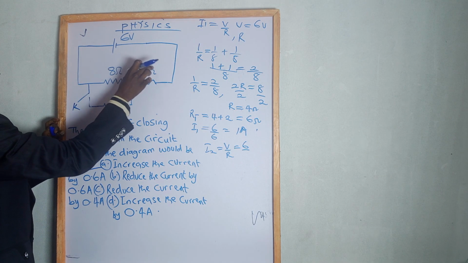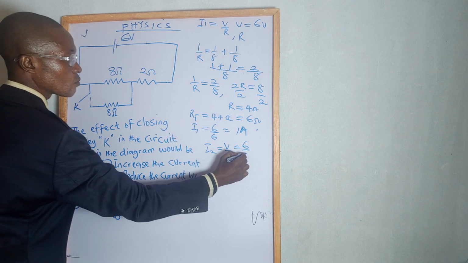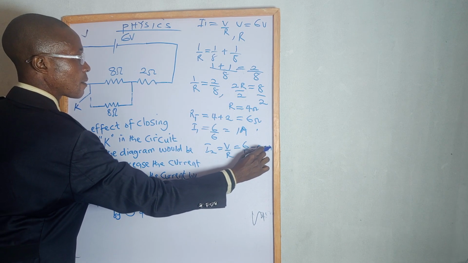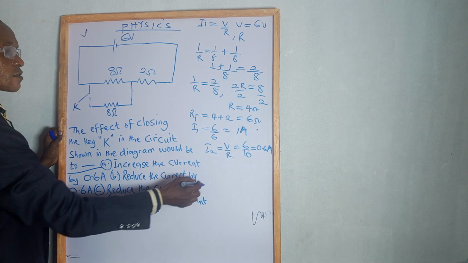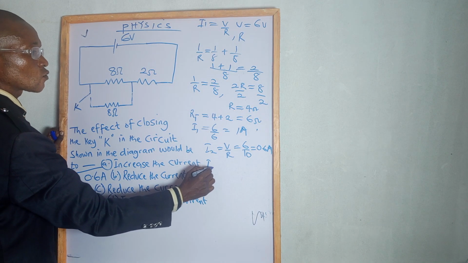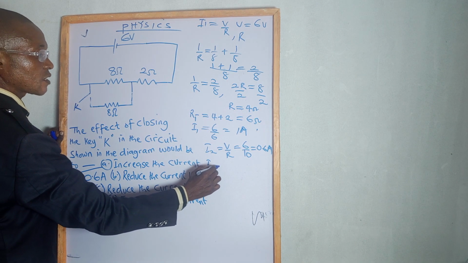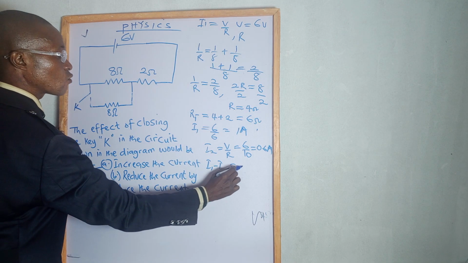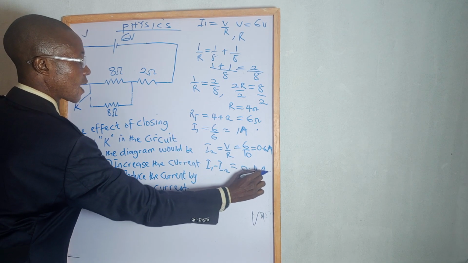We have 8 ohm in series with 2 ohm. That will be 10 ohms. That will be 0.6 amperes. So when you find the difference, I1 minus I2, that will be 0.4 amperes.